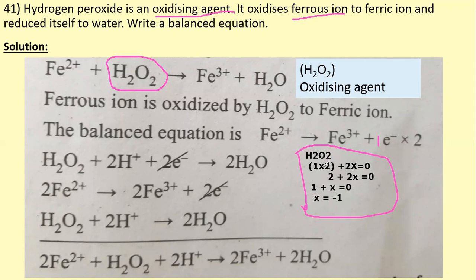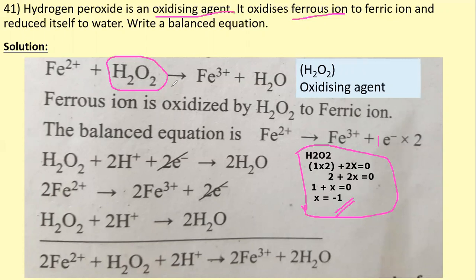So 2 plus 2X equals 0, and dividing by 2, X equals minus 1.